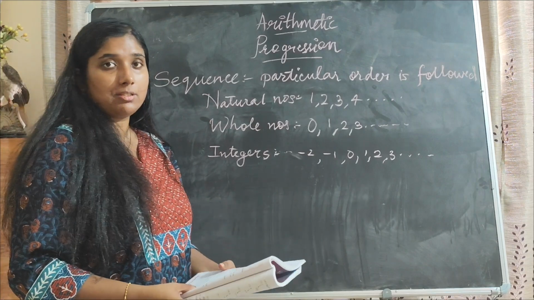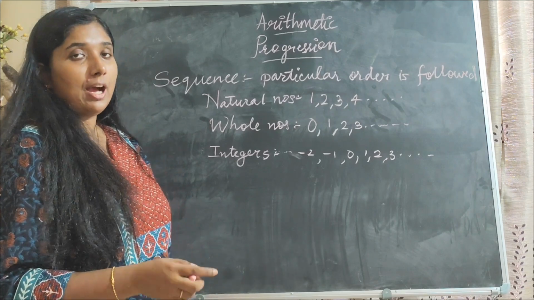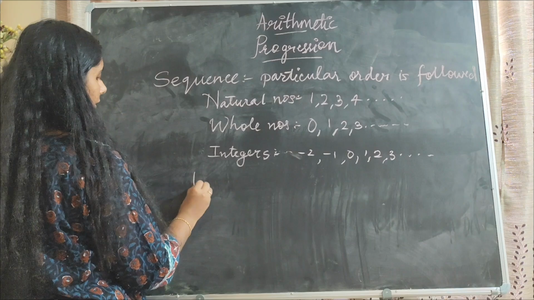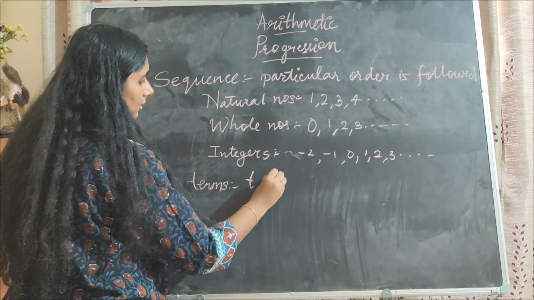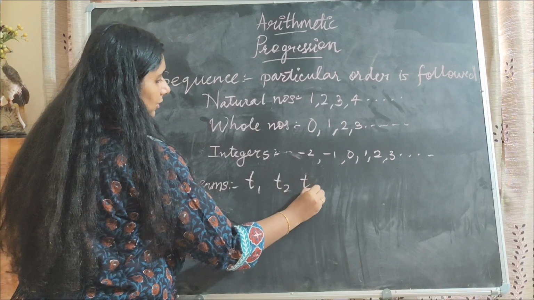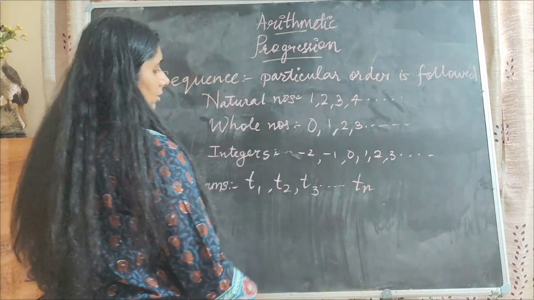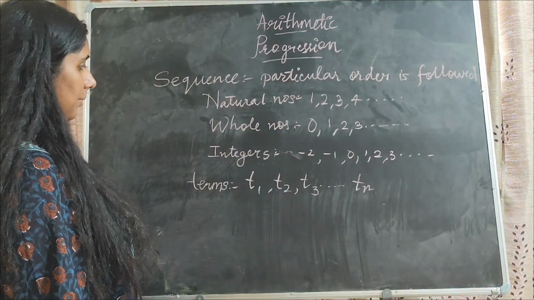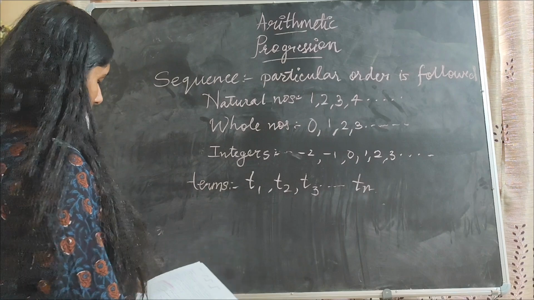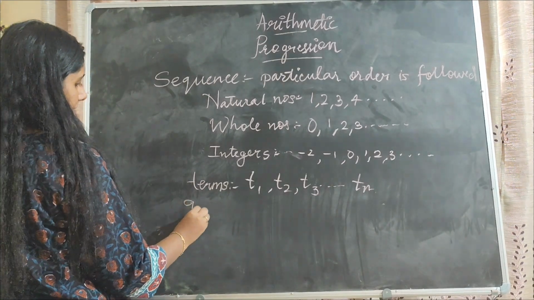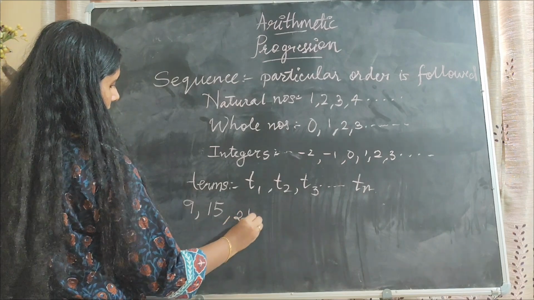Now in a sequence, the ordered terms, the terms which are in a particular order, are represented by T1, T2, T3 and so on up to Tn. These are the terms. Now you have an example: 9, 15, 21 and 27.